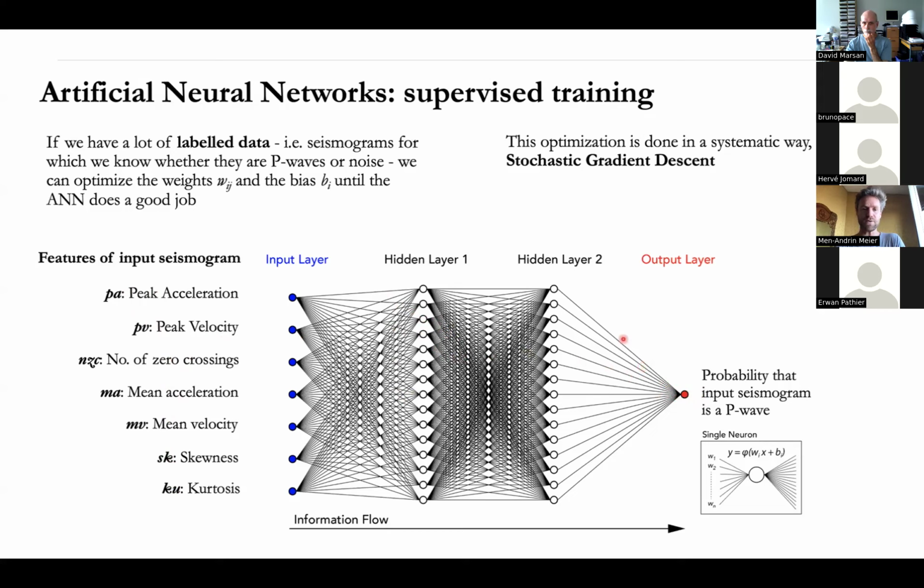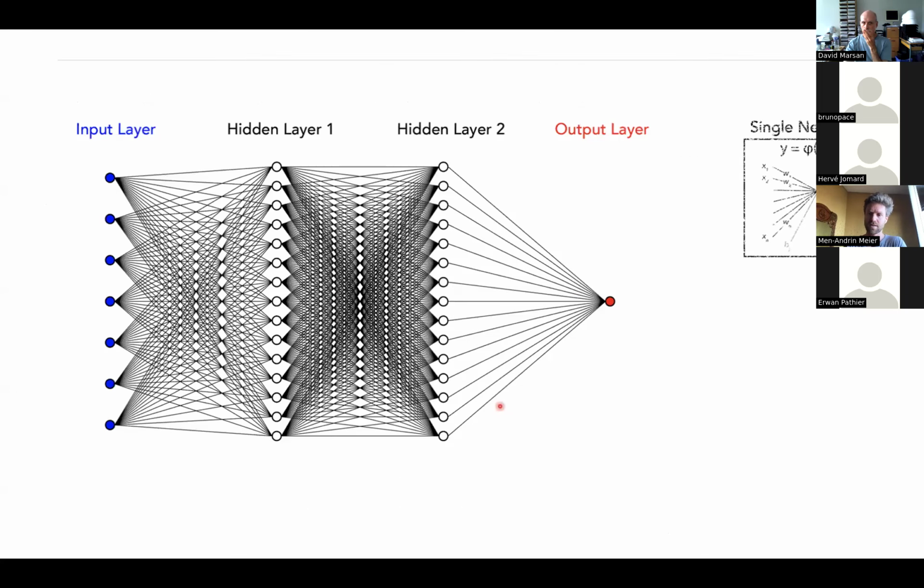And the trick of the neural networks is that you can empirically train them with large sets of labeled data. And so you just need a library of a lot of signals that are P waves and an equally large library of signals that are not P waves, that could be S waves or noise or something else, and optimize all the different weights that you have in the network so that at the end, the network does what we want it to do. And this can be done with optimization techniques such as stochastic gradient descent.